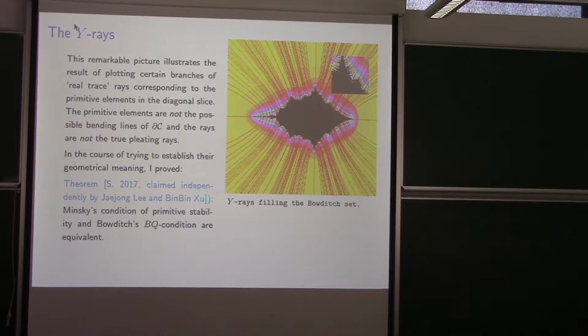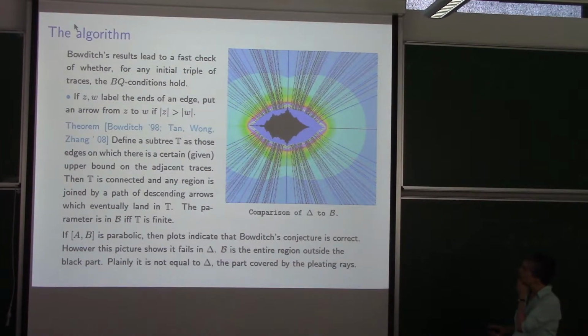So here is another amazing picture, really what I want to end with. So in the course of doing this, before he did this picture with these rays, which are the correct rays, he did another thing, which, if you know, is quite a natural thing to do.